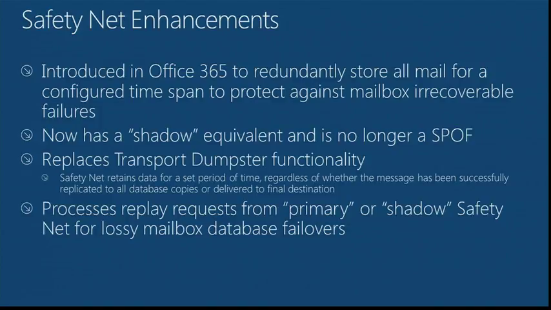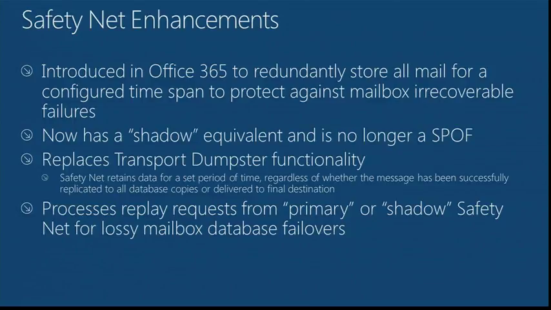Here's how it works in today's world with 2013. You have a lagged copy, and you say, I want this lagged copy to have a 7-day lag on it. Great, 7 days. You set safety net to store 7 days worth of mail. When it comes time to activate your lagged copy, you play the logs to where you want them played, all the way up or maybe part of the way up, depending on where you want to break it or don't break it.